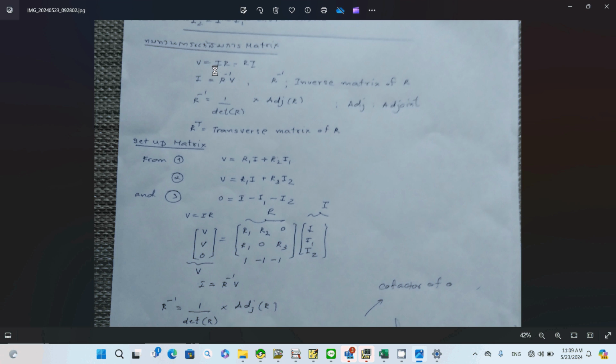By Ohm's law, V equals R times I. So if you use the matrix R inverse to the left and to the right, you multiply.